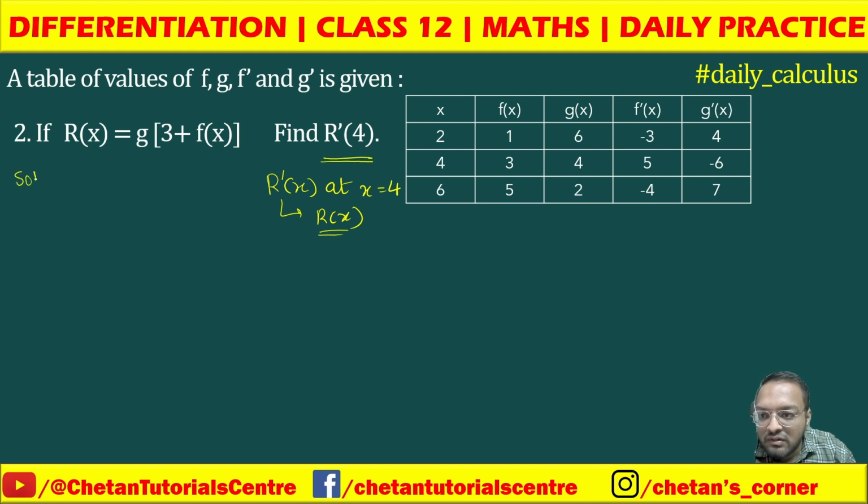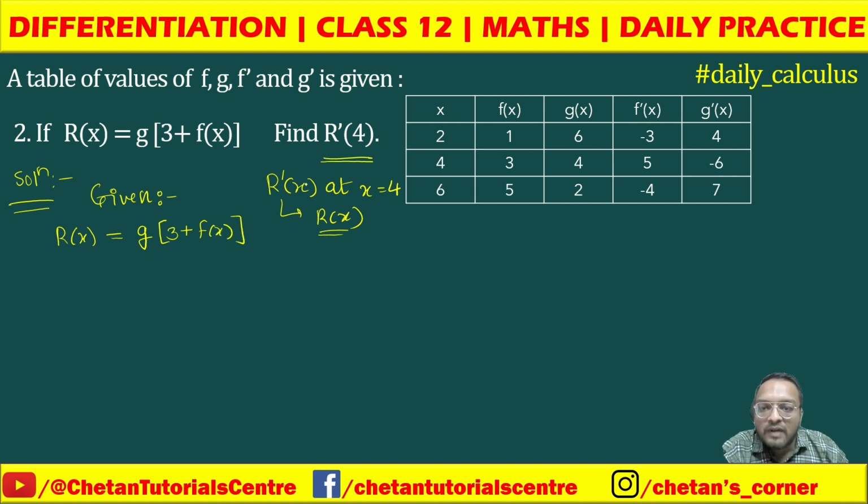So we will first write this given function, which is r of x is equal to g of 3 plus fx. Now, to find the value of r dash of x, we will differentiate this given function with respect to x.